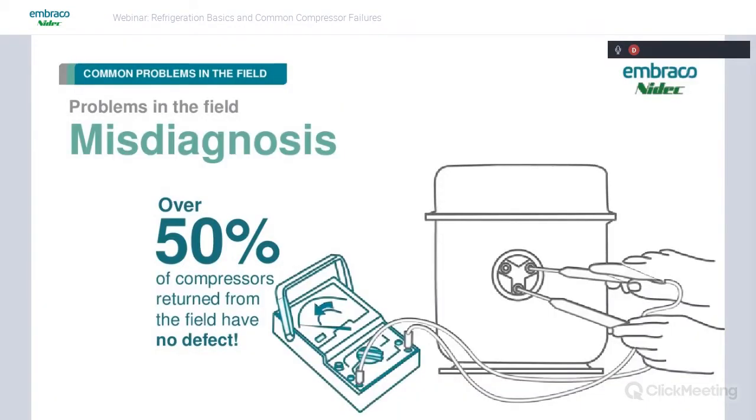So another problem in the field is misdiagnosis. And Bracco tells us that over 50% of the compressors returned from the field actually have no defect. When we do a run of checking warranty compressors from the field, this is what they're finding. They throw them on the machine and the compressor starts and runs and is working perfectly.